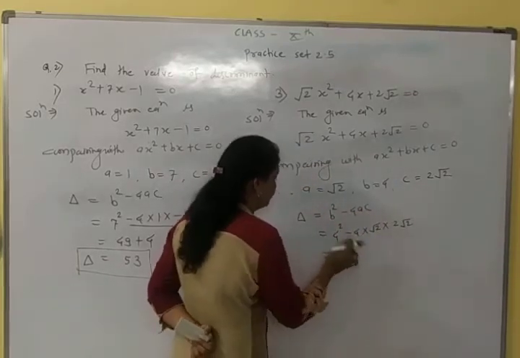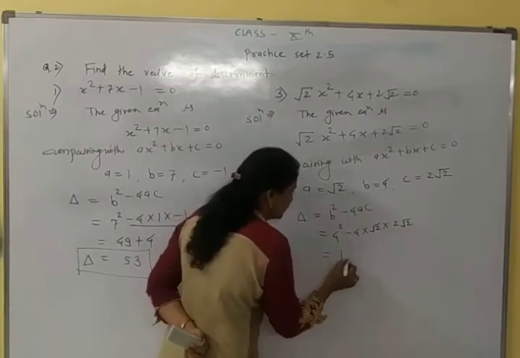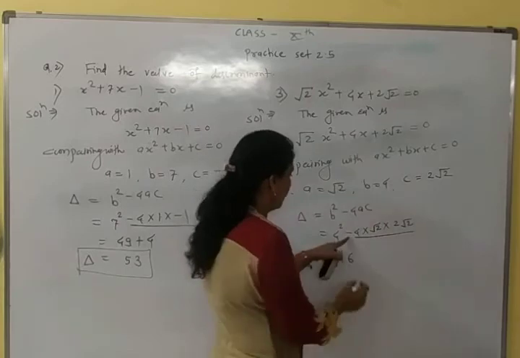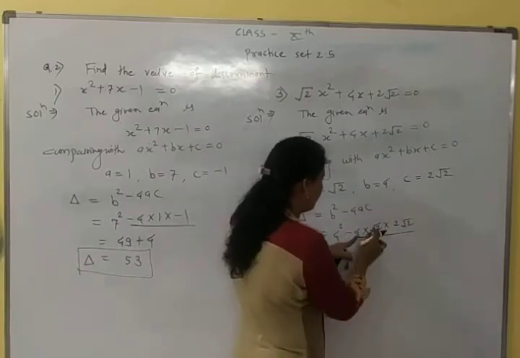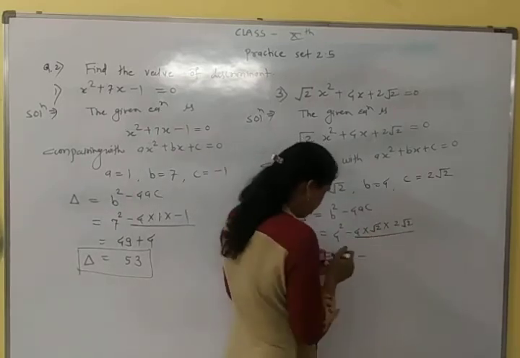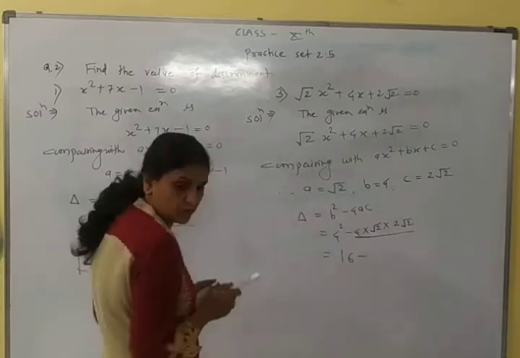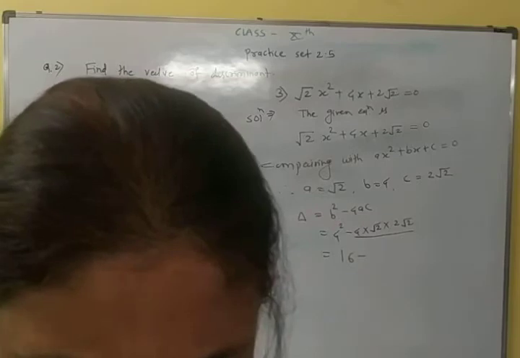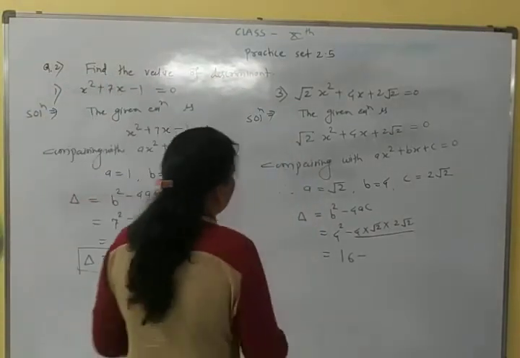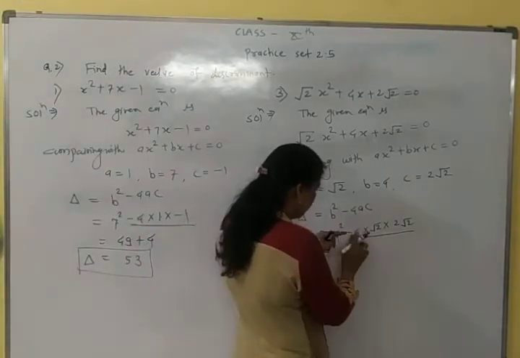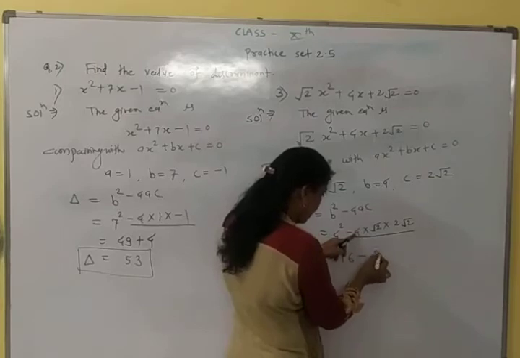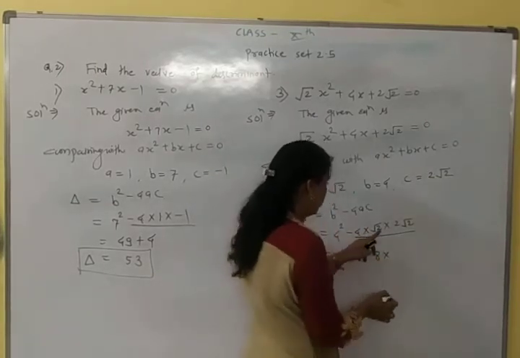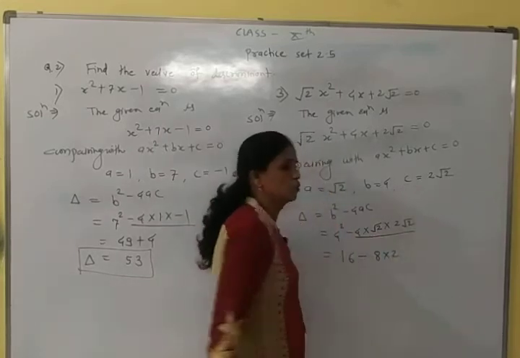Okay, first we have to solve square. 4 square is 16. Then solve this multiplication: minus 4 into root 2 into 2 root 2. First we have to solve root 2. 4 into 2 is 8, and root 2 into root 2 means 2.